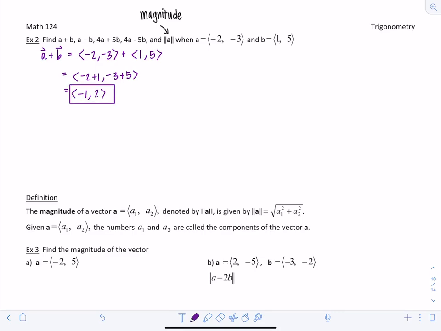Then we need a minus b. So a minus b is going to be <-2, -3> minus <1, 5>. So that's going to be -2 minus 1, -3 minus 5. So that's <-3, -8>.